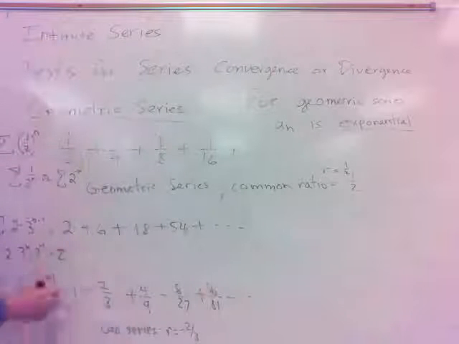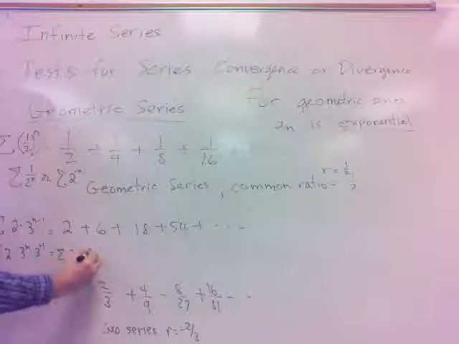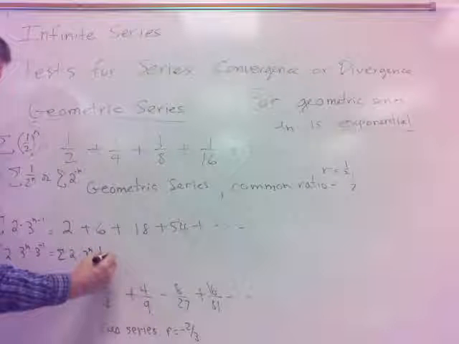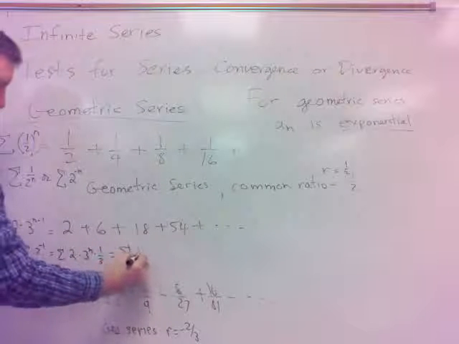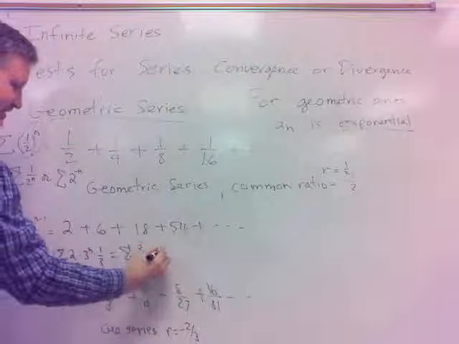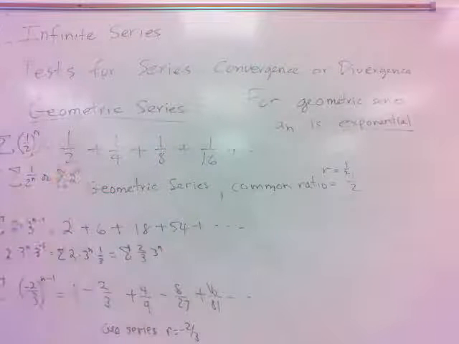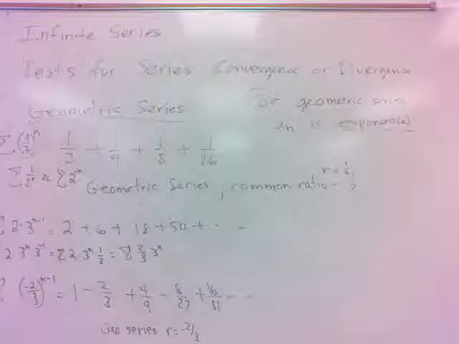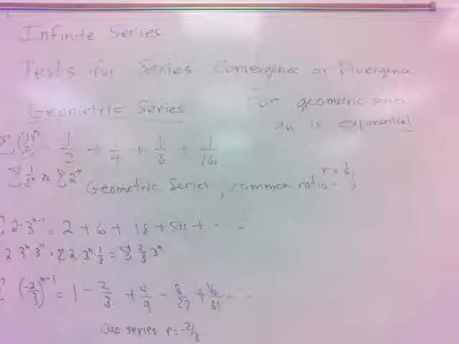It's 1/3, isn't it? So another format of this series is 2/3 times 3^n. That'd be another way we could do that. So it's important to know how to manipulate these things. Sometimes you may need to do that.